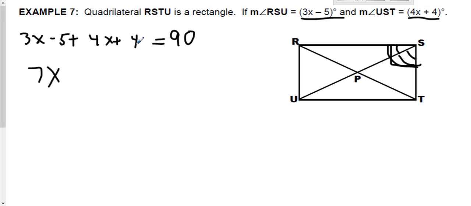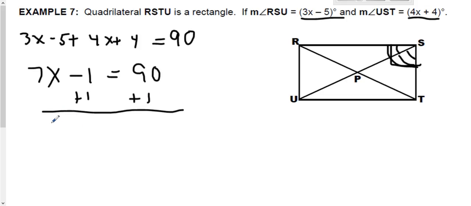The minus 5 and the plus 4 make minus 1. And we'll get rid of subtraction with addition. So 7x equals 91. And we divide by 7. And we get x equals 13.